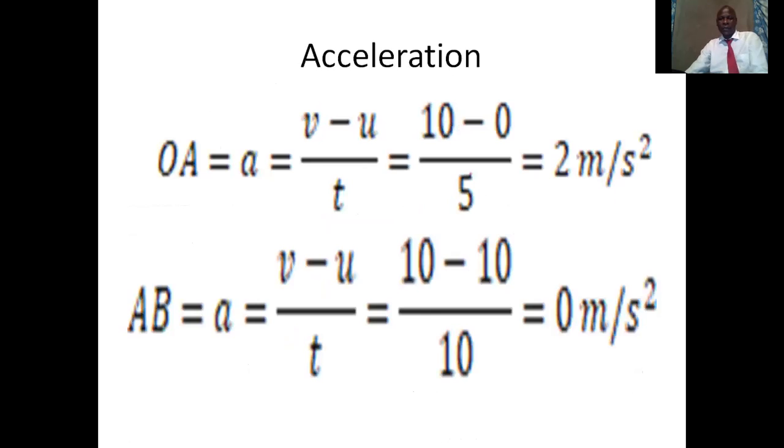And therefore, we are saying between A and B, acceleration is equal to final velocity minus initial velocity over time, which is equal to 10 minus 10 over 10, which gives us 0 over 10, which gives us 0 meters per second squared.